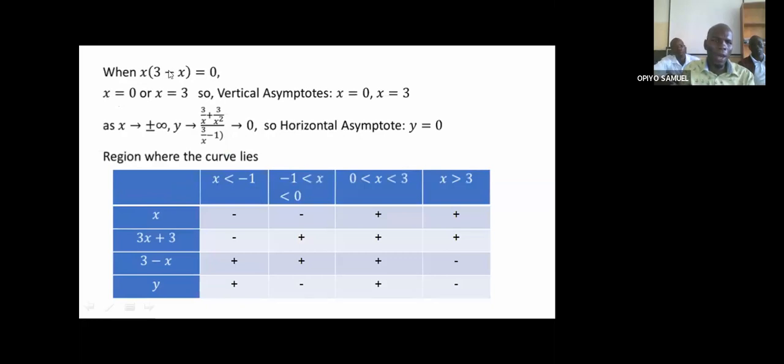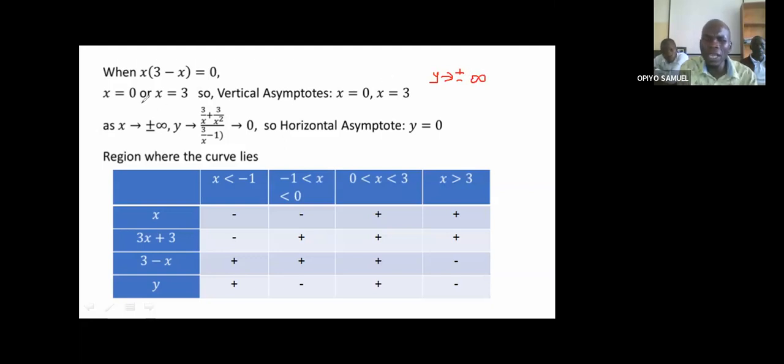Then another one is you need to get the asymptotes. For rational functions, we shall always have asymptotes. We have the vertical asymptote. The vertical asymptote is simply obtained by equating the denominator to 0. Or, to obtain the vertical asymptote, you can look at where x goes when y tends to plus or minus infinity.